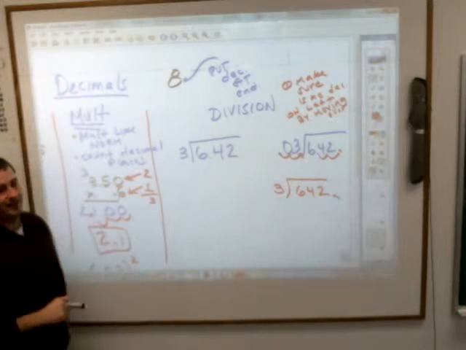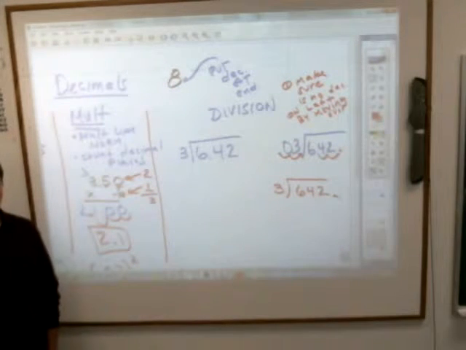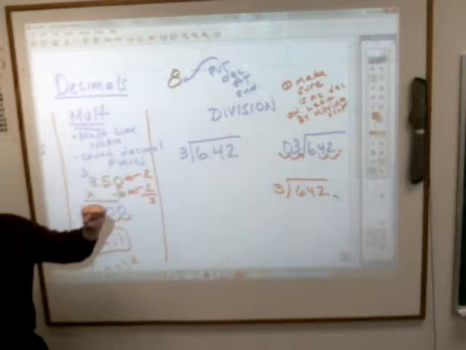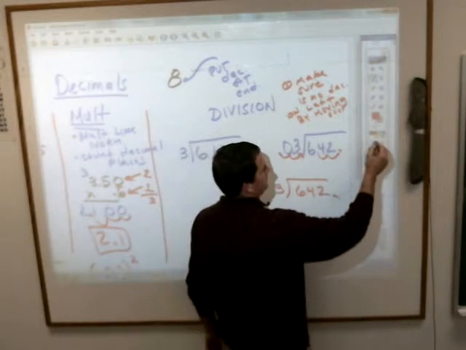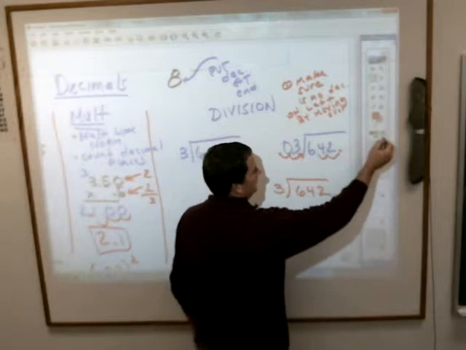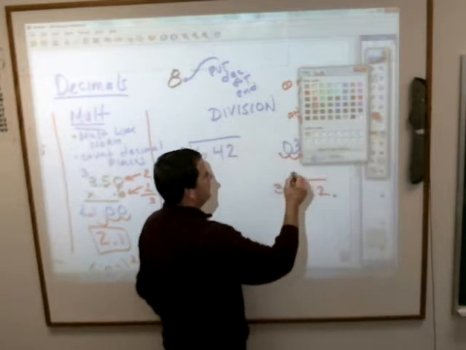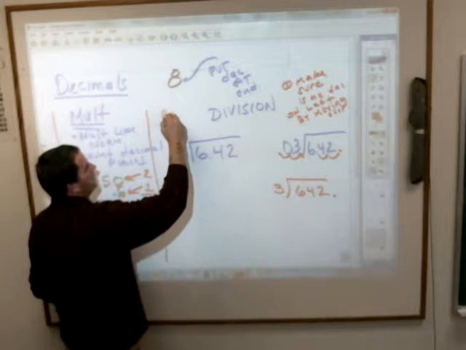And then once you have that done, what you need to do, somebody help me out, no, we have to do one thing first. Before you divide, here's the word, bring up the decimal.